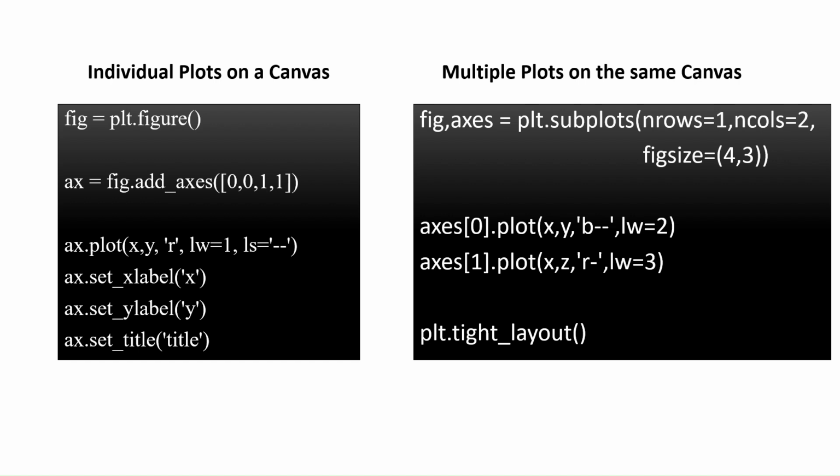Next, for plotting multiple plots simultaneously on the canvas, we use the subplots method using the tuple unpacking technique. Here, we need to pass in the number of rows and columns, and Python would automatically adjust the size of the axis. Then we could either iterate through the axis using a for loop, or we could index the axis for plotting our graph. So that was all for this video.